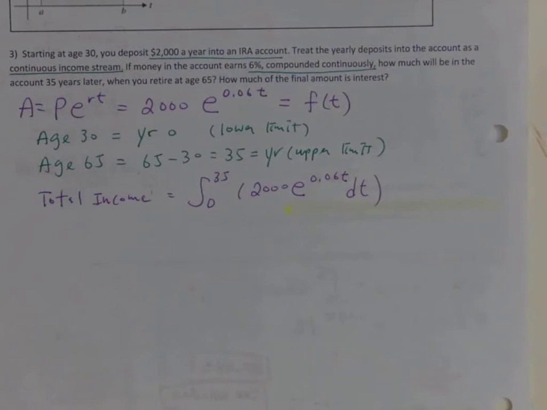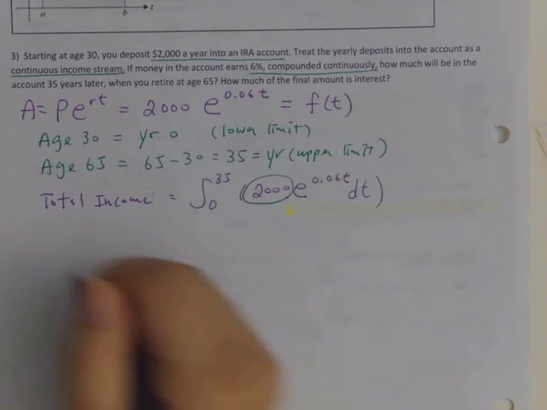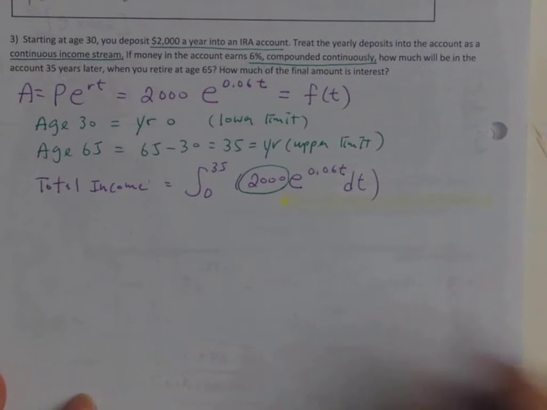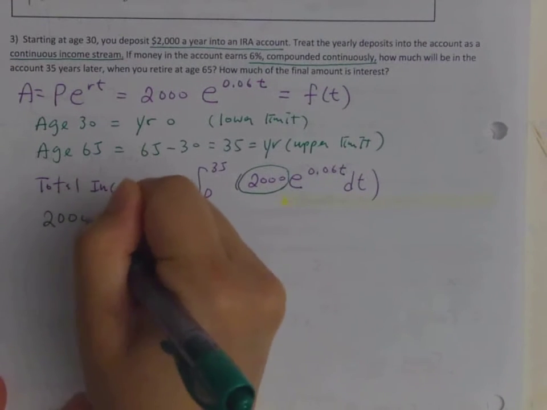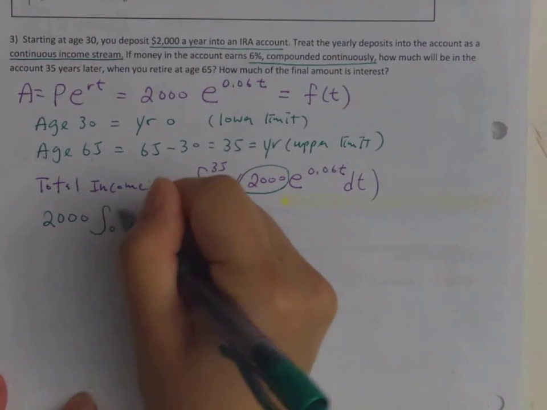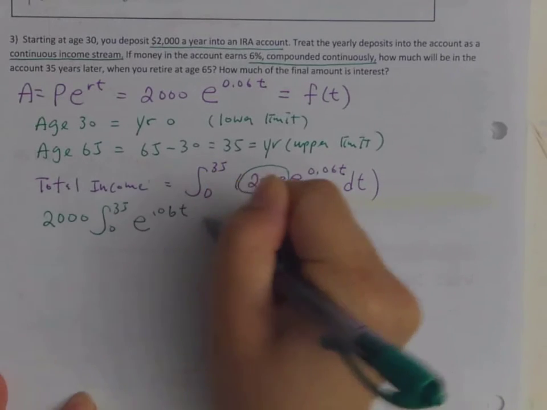I'm going to just keep doing the substitution because that's how we introduced it to you. So I can move the 2000 out because it's a constant. So here we have 2000 times the integral from 0 to 35 of e^(0.06t) dt.